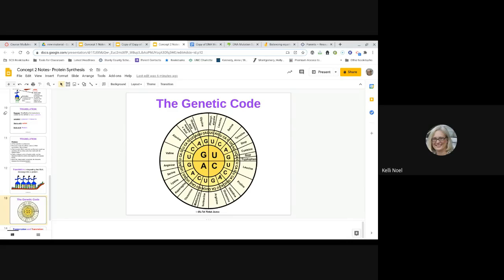Go to the middle again, the next three. You have a C. So I'm going to go to the C. You'll go to the next one, A, and then you're going to go to the U, and that will be HIS. I'm doing an example that's not on your paper, showing you how to read the chart.